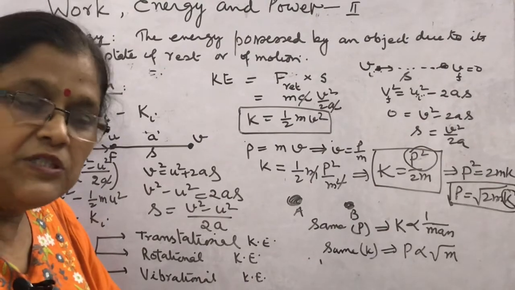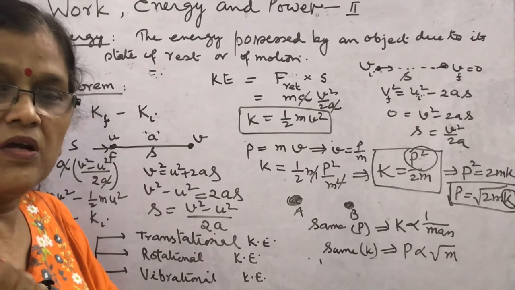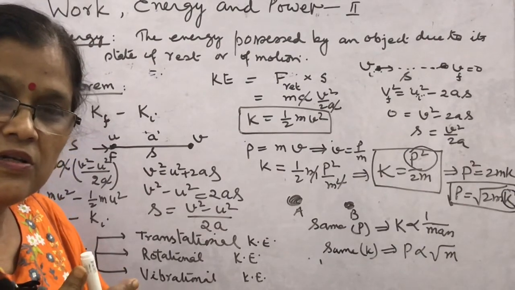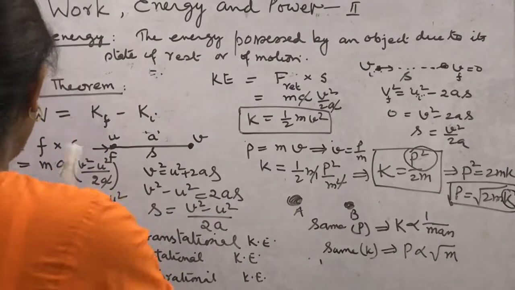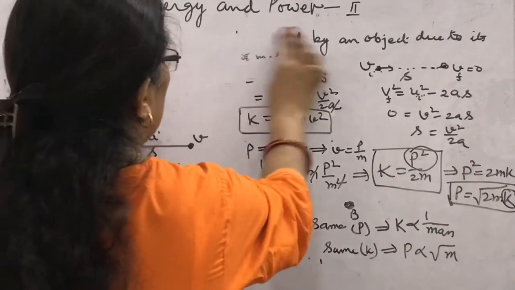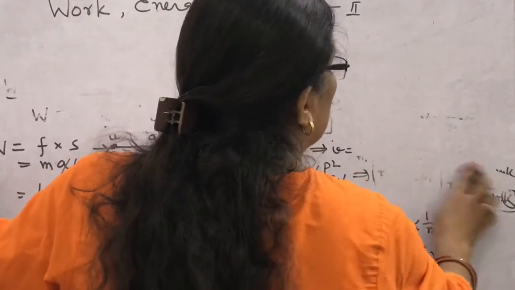Now, what is the principle of conservation of energy? Conservation means the quantity remains constant. This principle says that energy can neither be created nor be destroyed.